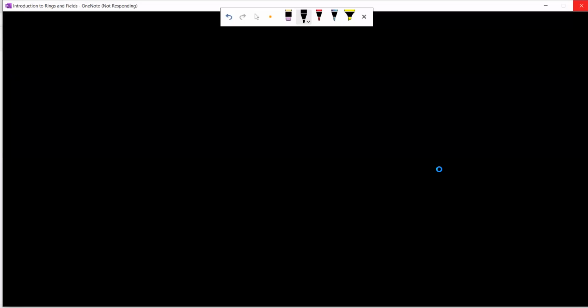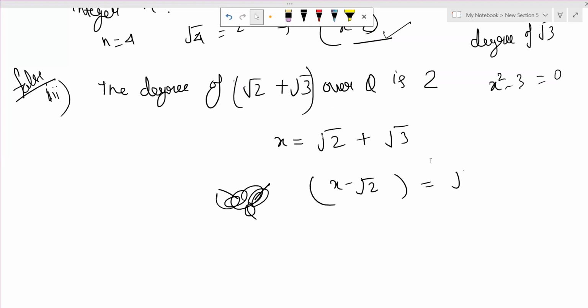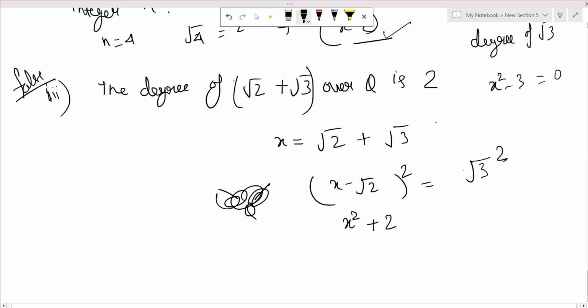Then squaring. Then you can square this thing. This is x square plus 2 minus 2 root 2 x equals 3.